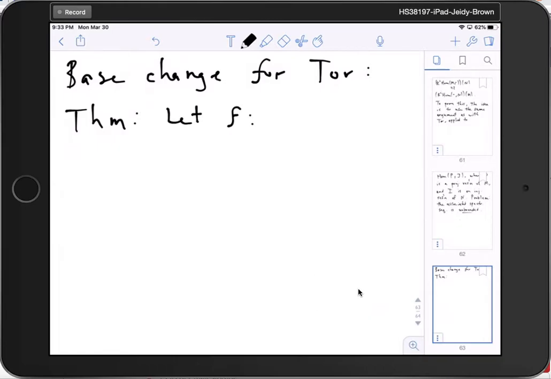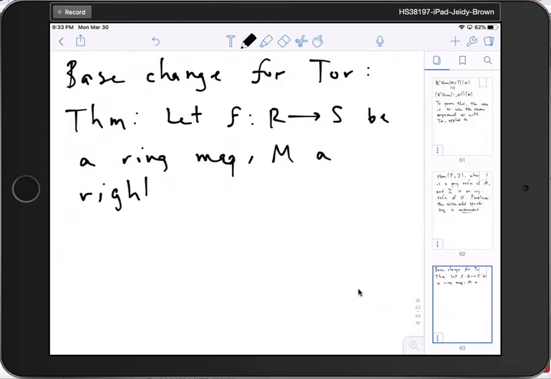Let f from R to S be a ring map and M a right R-module and N a left S-module.